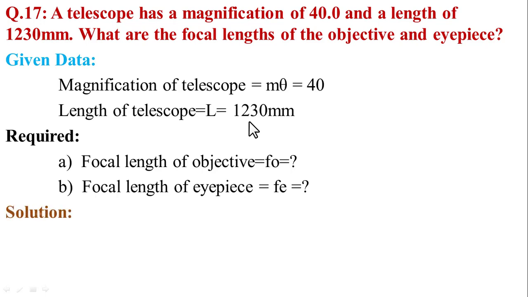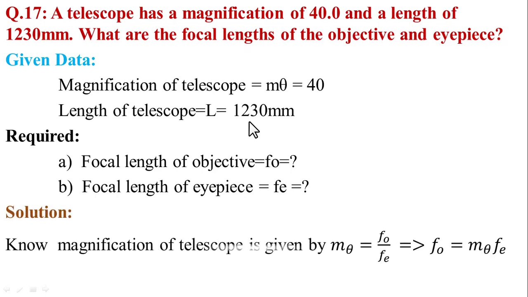First of all, find the solution. We know that the magnification of telescope is given by m theta is equal to f naught divided by fe. This implies that f naught is equal to m theta fe.